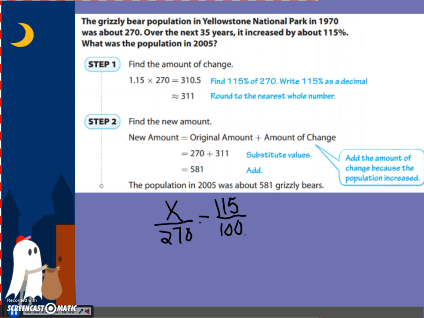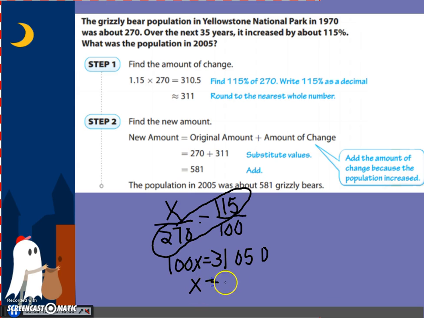And it increased, so we are going to have to add at the end. We're going to do the cross product rule. So 270 times 115 is going to get me 31,050. Well, then I'm going to divide both sides by 100.